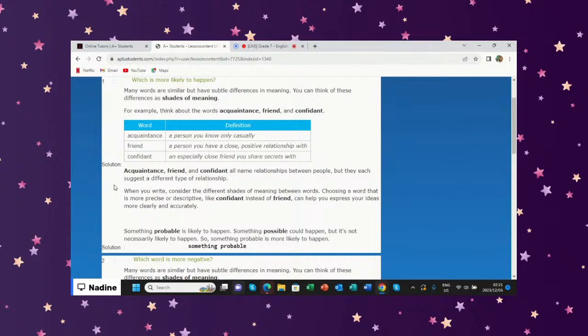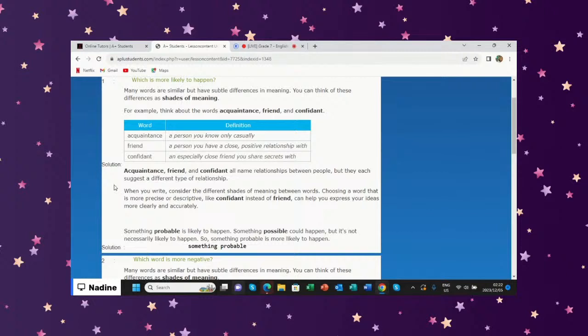If you want to describe your close friend that you can trust and you can share your secrets with, then you can basically use the word confidant instead of just a friend. Someone that you can express ideas with, someone that you can share your secrets with, someone that you can trust.